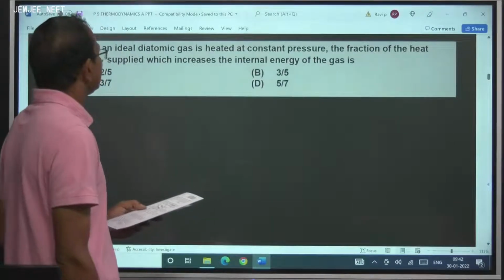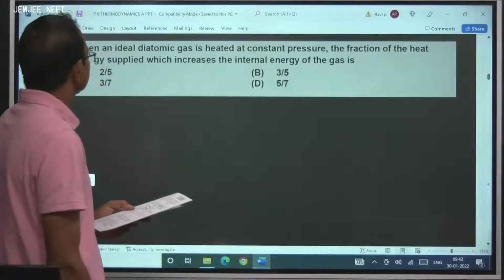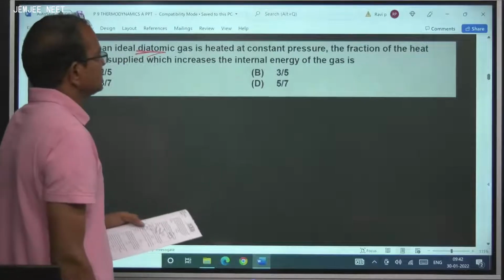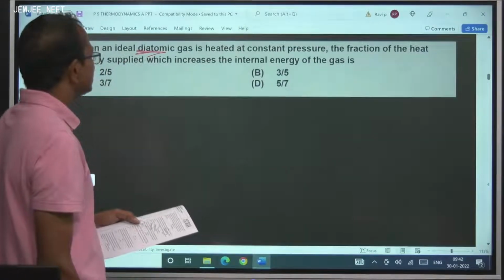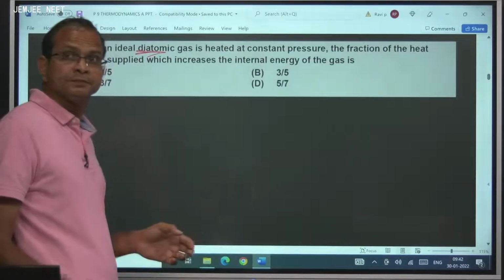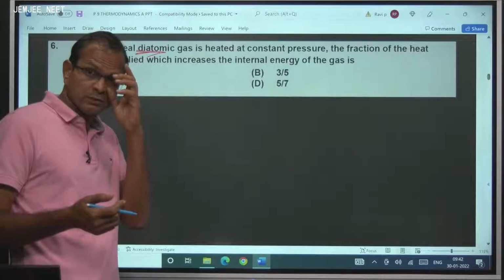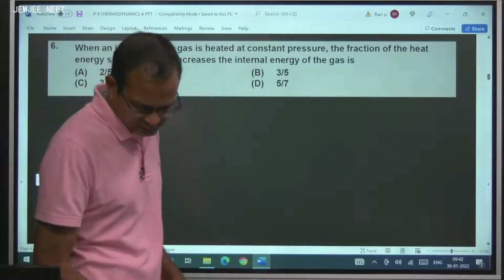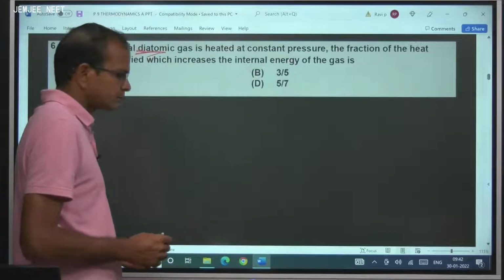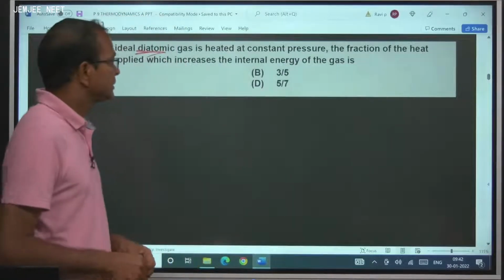When an ideal diatomic gas is heated at constant pressure, the fraction of heat energy supplied which goes to increase the internal energy is the question. They have said diatomic gas. Come on, can you answer? Your answer is right. Fourth option, is it right?